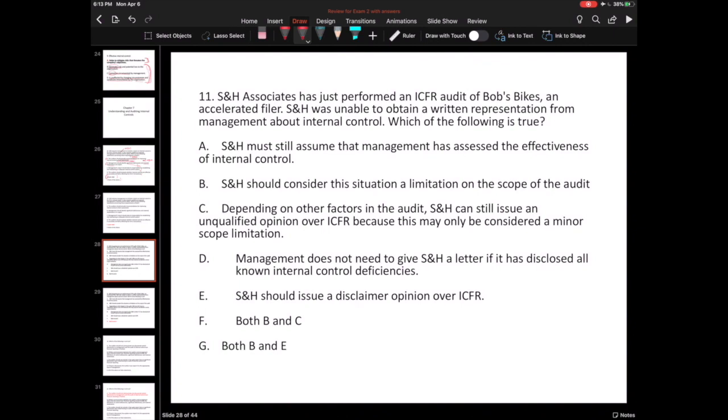Remember, because we had the minor, in which case you still get an unqualified opinion for ICFR, and then we had the more than minor, which leads you to the disclaimer. So this is a limitation on scope. This is going to cause a disclaimer, which ultimately is going to lead me to answer G.